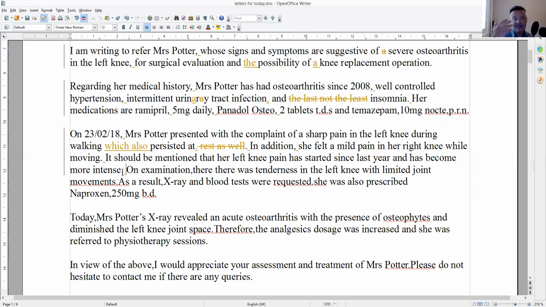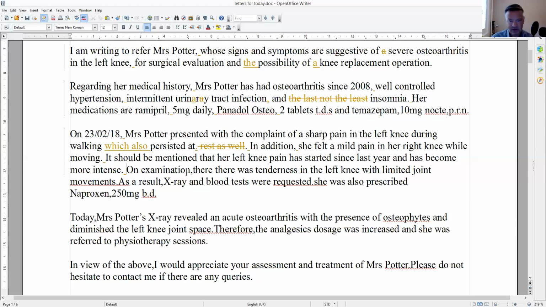She's had this since last year. It's become more intense and it persists even at rest. Put all that information in one sentence. Additionally, in addition, she also has a mild pain in her right knee, etc. So what I would do there, instead of breaking it up, left knee, right knee, left knee, put all the group of like-minded information together, right?